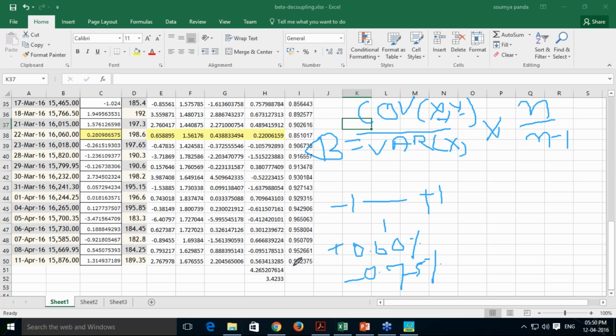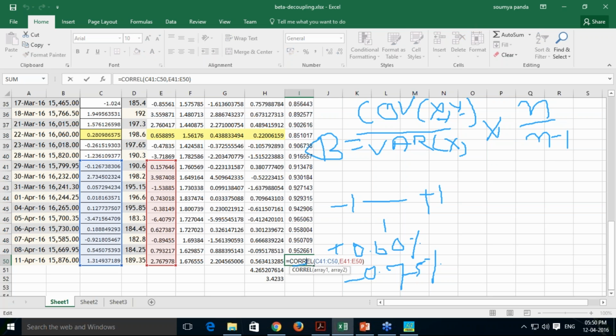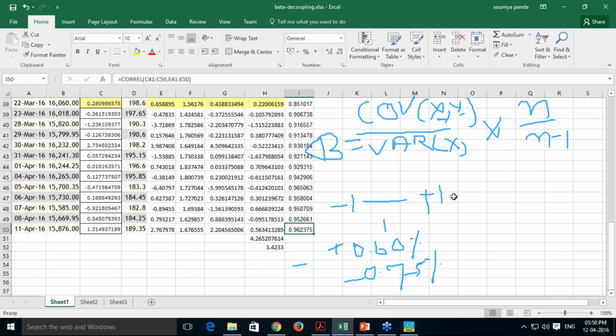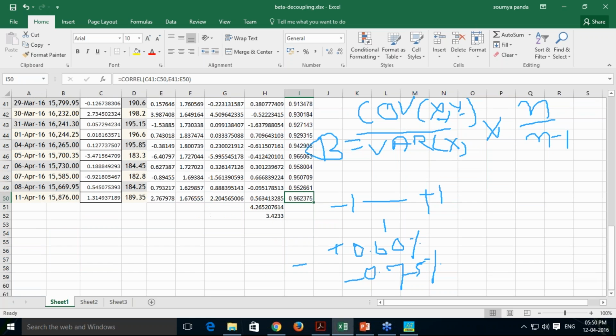Then you need to calculate the correlation. Suppose you are taking 10 days data, then you take the 10 days correlation into consideration, and based on the correlation you have to decide whether to hedge that trade or whether to go with that trade. So this is what you have calculated and you have kept it here.